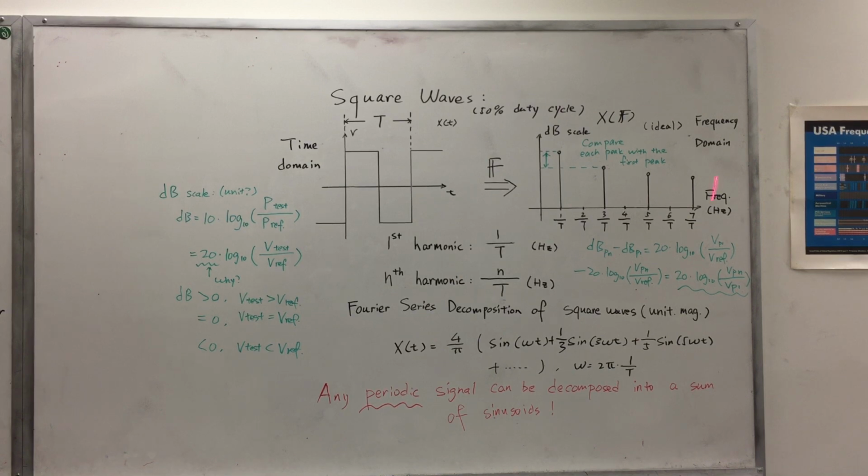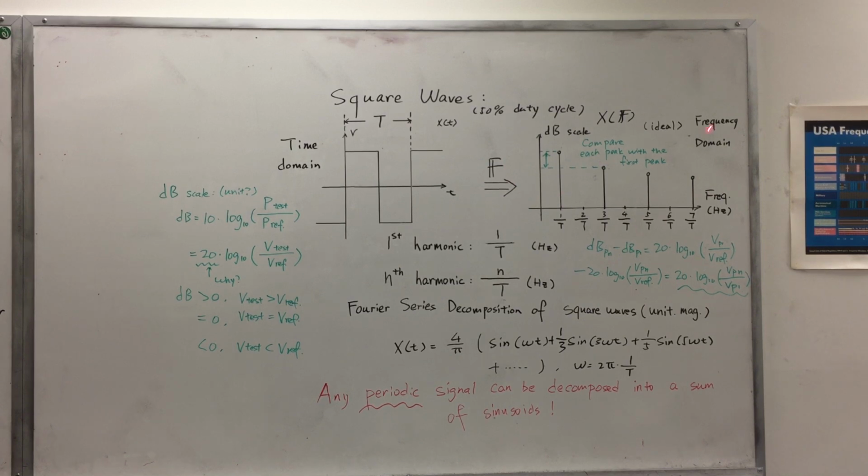This kind of plot we call the frequency spectrum of your original waveform. I did a sketch here. This is more of an ideal case where you don't have any noise on your original square wave, so the spectrum should look something like this.